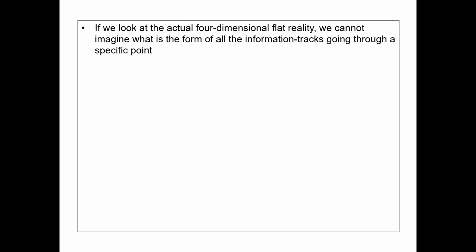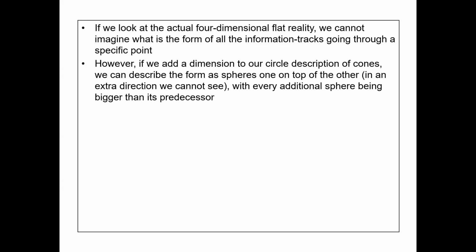Now, if we look to the actual four-dimensional flat reality, we cannot imagine what is the form of all the information tracks going through a specific point. However, if we add a dimension to our circle description of cones, we can describe the form as spheres, one on top of the other, in an extra direction that we cannot see, with every additional sphere being bigger than its predecessor.